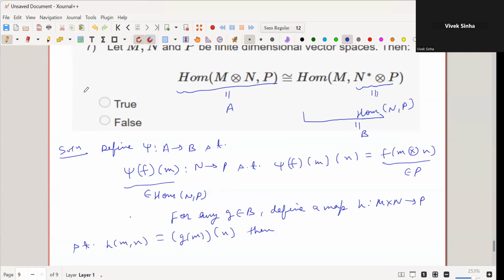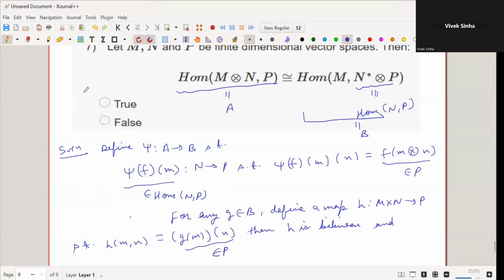So G is inside B means G is mapping each element of M to an element of Hom(N, P). So G_m is a map from N to P. We are defining it as just n evaluated over this map, right? So this will be inside P.